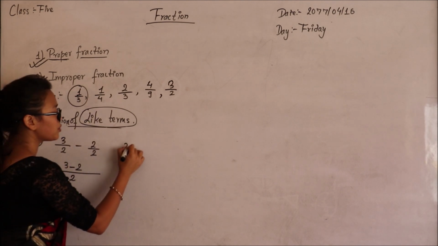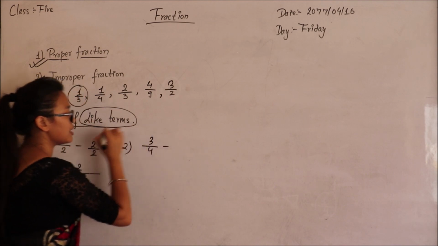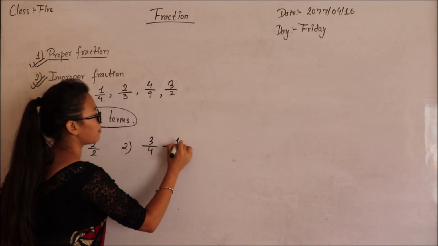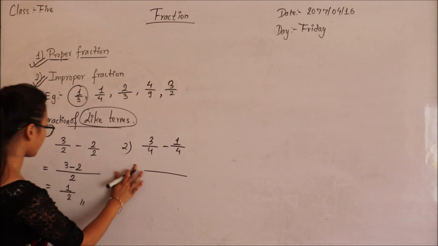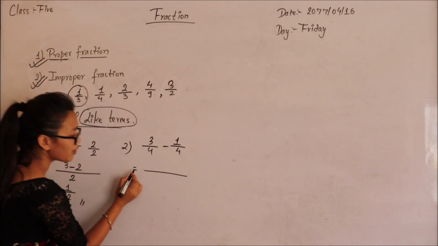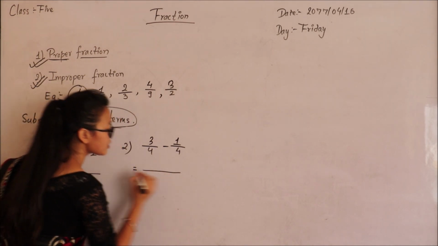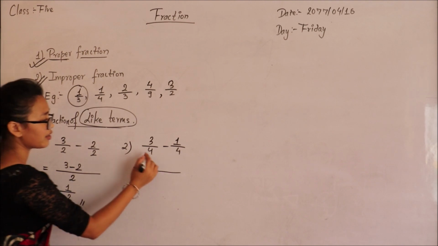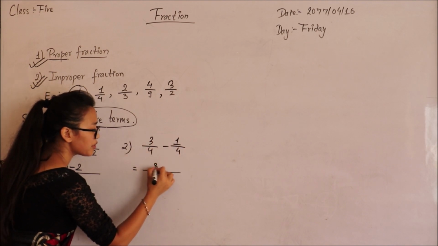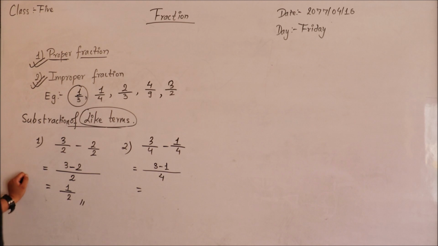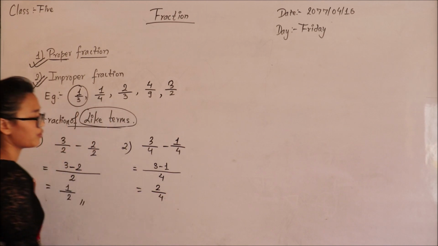Let's take number 2: 3 by 4 subtracted by 1 by 4. Remember that your equals to sign should be just opposite the divide line. Same denominator and the difference of numerators. So 3 minus 1 is 2. The answer is 2 by 4.